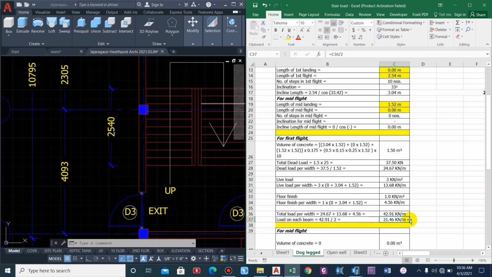In the previous video, where I discussed the ETABS modeling and analysis of a residential building, we took the staircase load as 22 kilonewton per meter. So that was the idea behind that value. Generally for a residential building, the load from the staircase is about 22 kilonewton per meter.